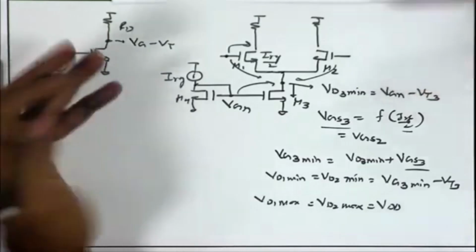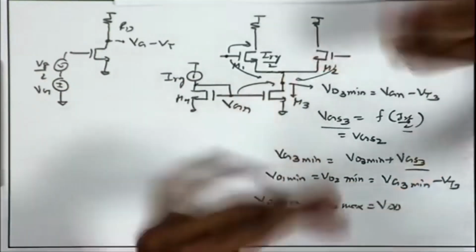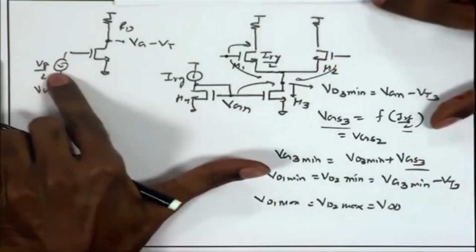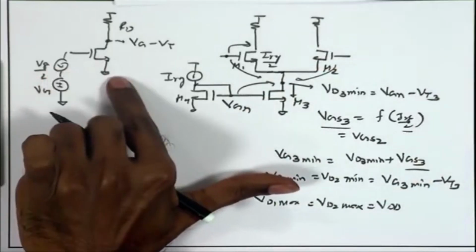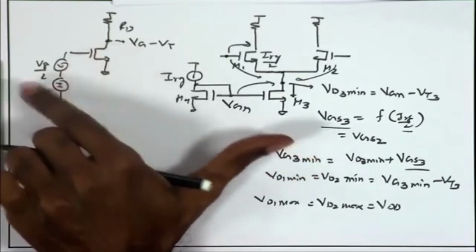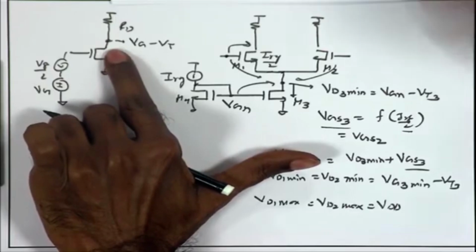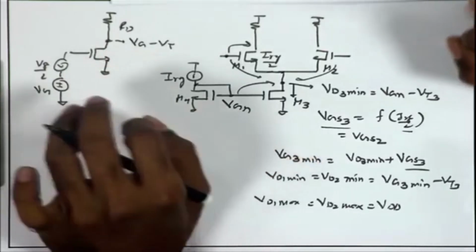Now, in case of differential analysis, we have already seen that this is a differential half circuit. If I am applying a fully differential signal, that is plus Vg by 2 on one gate and minus Vg by 2 on the other gate, this is the AC ground, and therefore, the gain is just Vg by 2 times gmRD. Likewise, on the other side, Vg by 2 times gmRD, and you take the difference.